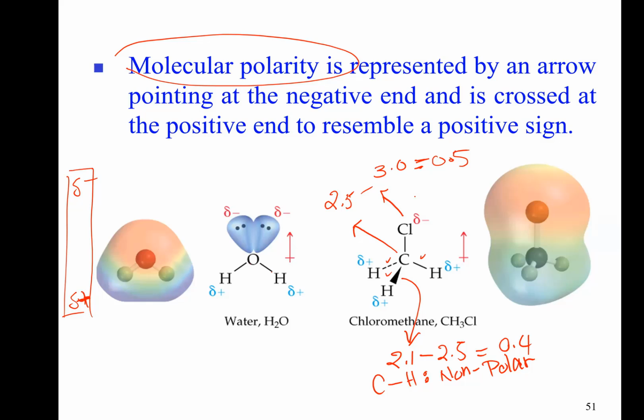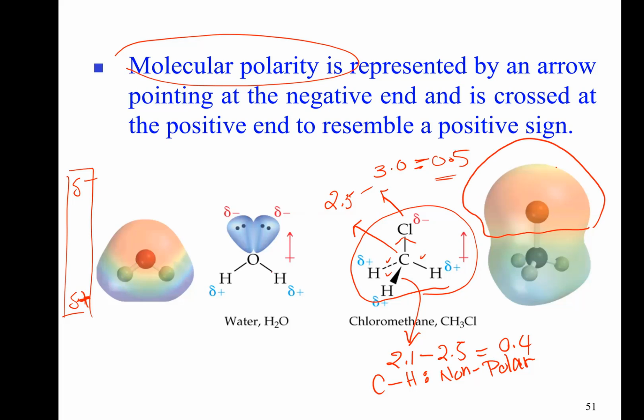That means chlorine, which has larger electronegativity by 0.5, is pulling electrons away from carbon. So the net polarity of the molecule, which is the result of considering all these four bonds, is the pull of electrons from carbon toward chlorine, and that's what you see.